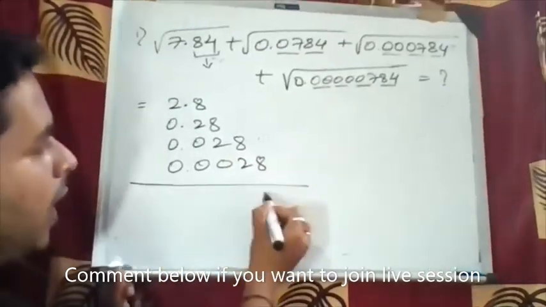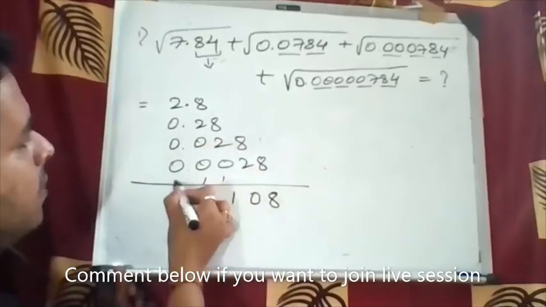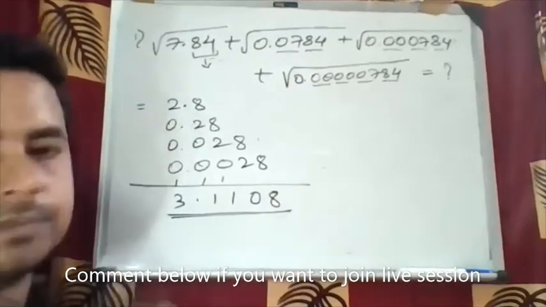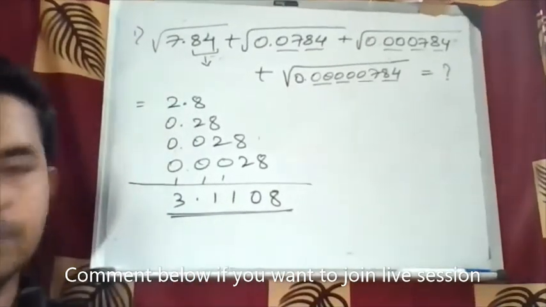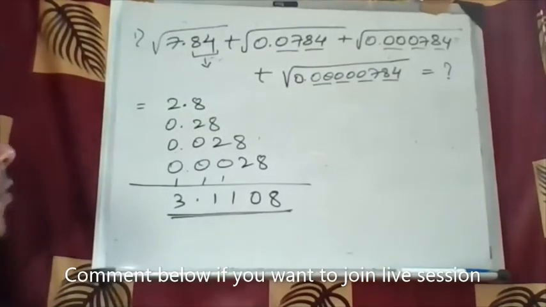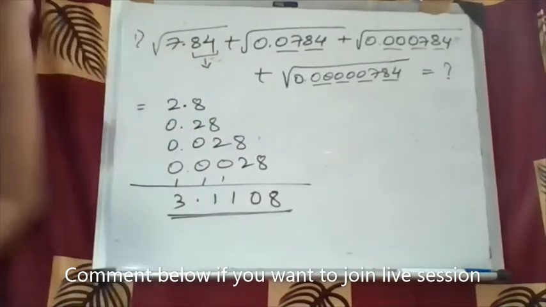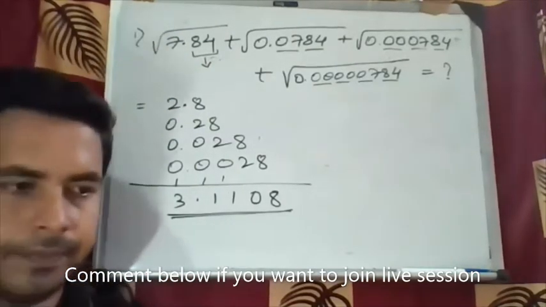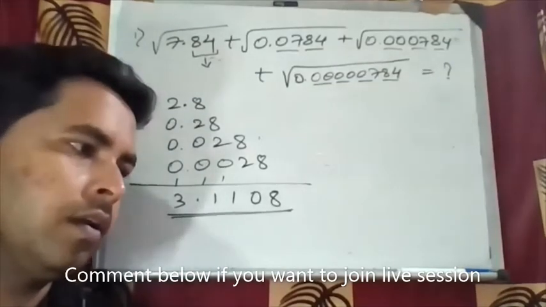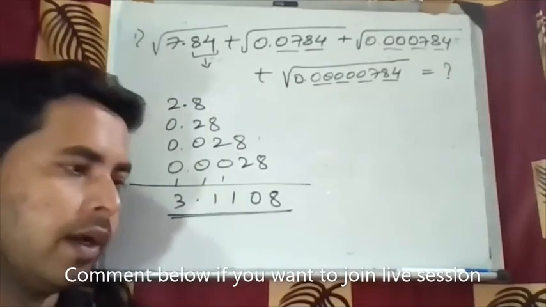Okay, so now add: 8, 10; 8 plus 1, 11; 8 plus 1, 11. So 3. So this is your answer: 3.1108. Don't get confused, directly here only one pair is there, 2.8. Okay, understood?